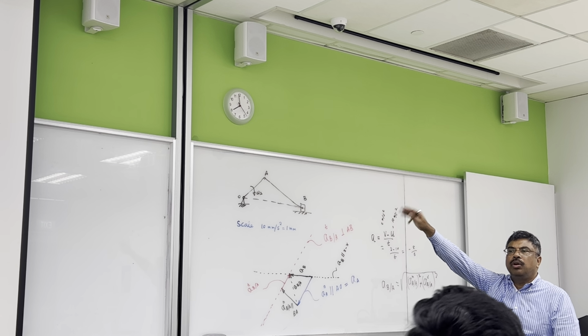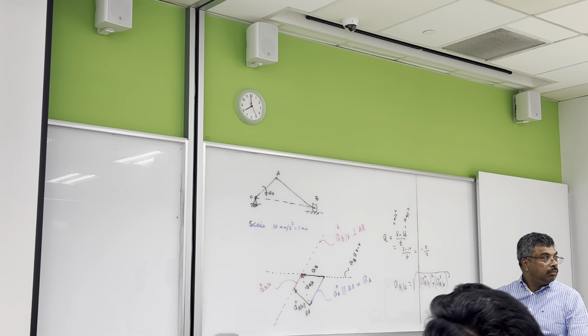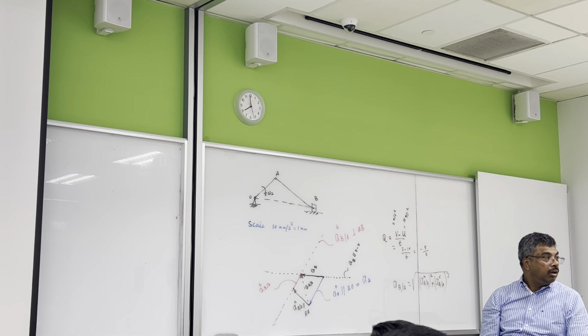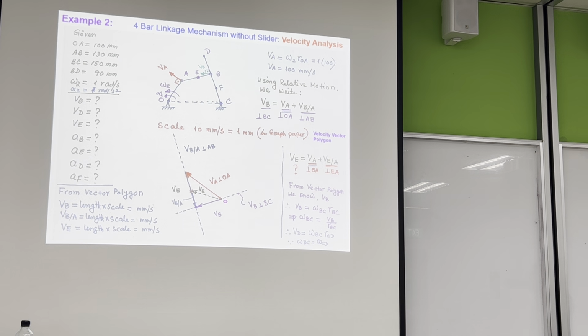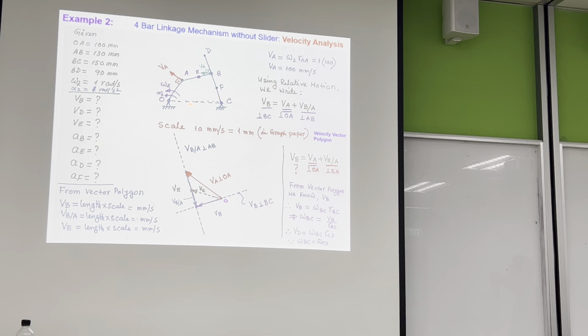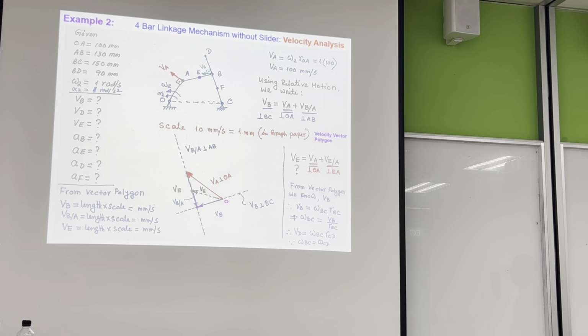Other things automatically will come later. Clear to everyone? You do not look at the other positions E, F, and D, and for the time being, you forget about them. You consider your links are OA, AB, and BC, and OC is a ground. OC is a ground connection. It is two points on the ground fixed. Clear to everyone? Like it is a floor.